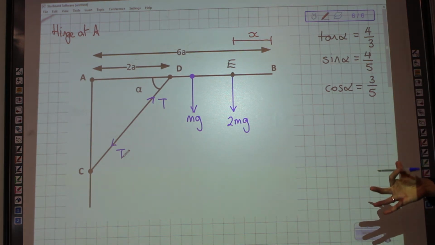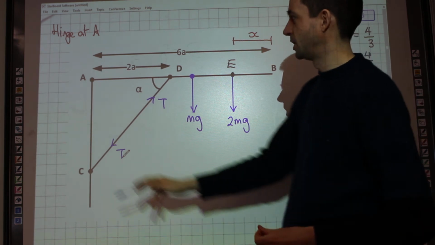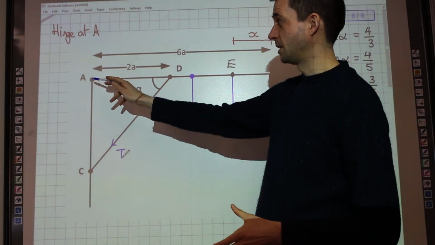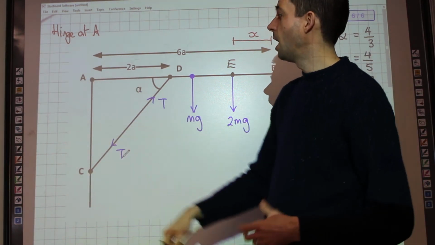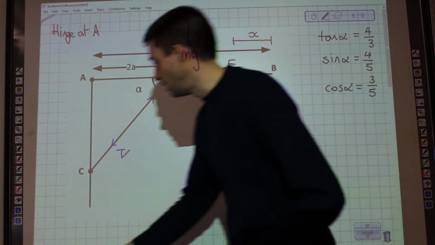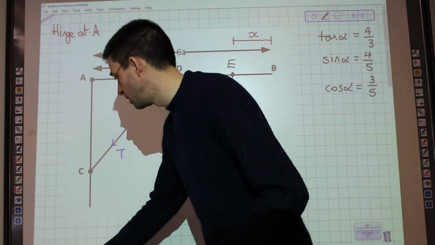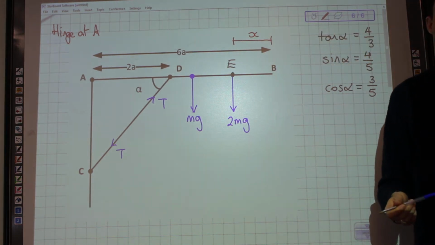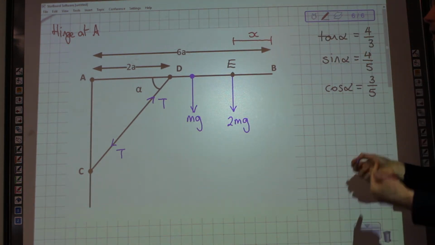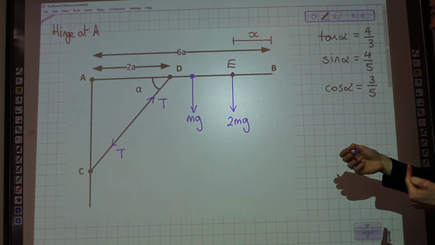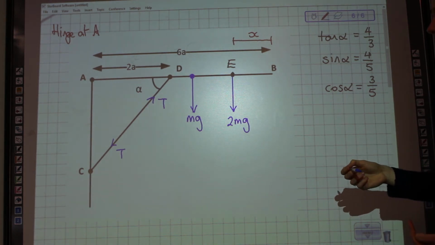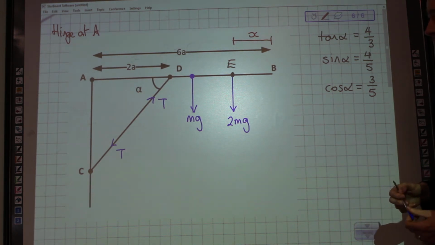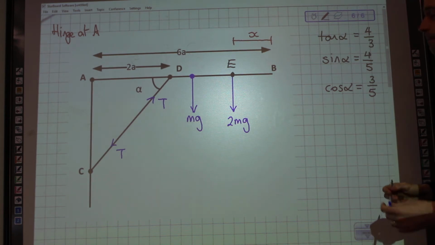What we've also got to consider now is that the plank is hinged at A, which, as discussed in a previous example, means there is both a horizontal and a vertical component of the reaction force. Let's have a think about what's happening there.